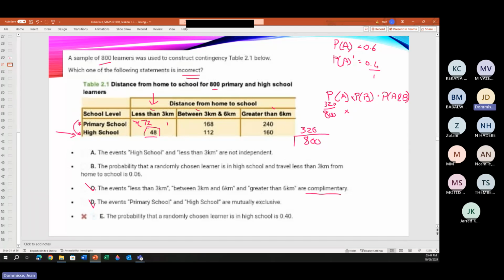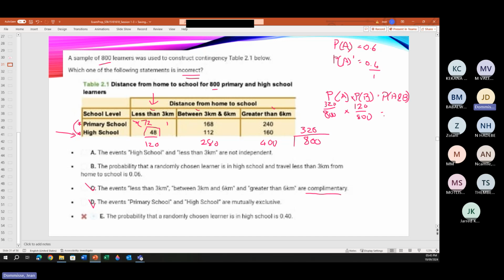So 72 plus 48 is 120. 168 plus 112 is 280. And 240 plus 160 is 400. And if you add all of them together, you do get the 800. Okay, so the probability of less than 3 kilometers is 120 divided by 800.